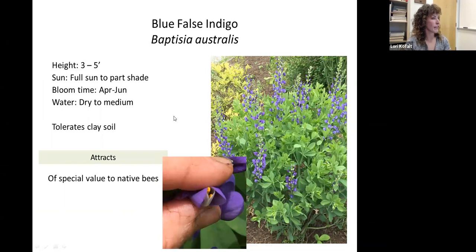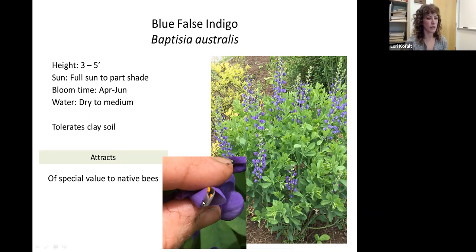This is one of my favorites, Baptisia, which is blue false indigo. And I included this picture here. It is of special value to native bees, but what I really love about it is the flowers are closed, and only an insect that is the right heft to carry the larger pollen granules, that weighs enough to get the flower to open, can get in.